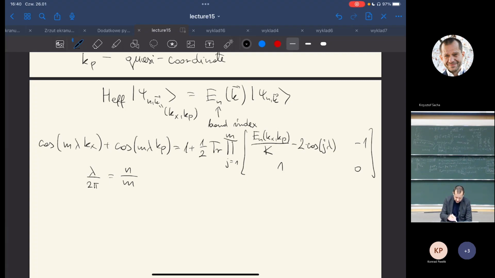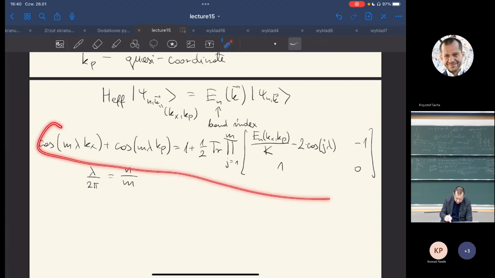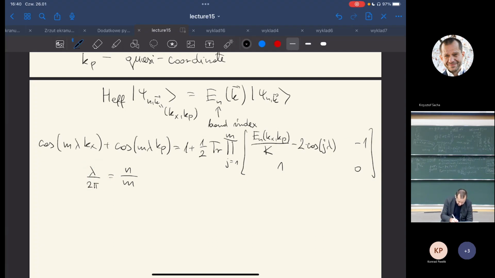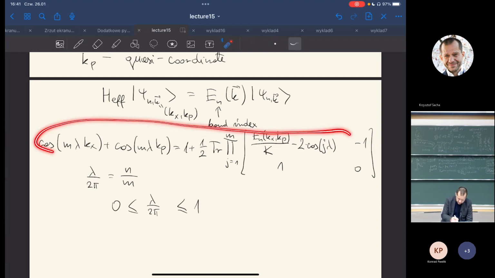The other thing is that when we look at this equation, it is easy to find that the range of this quantity can be restricted to the range from 0 to 1, because everything in this equation is periodic with respect to the range of this quantity.